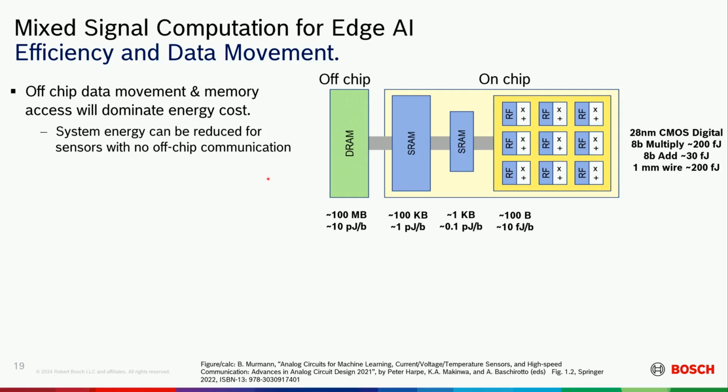But I wanted to use it just as an example of what's limiting energy. So let's say that you're doing a calculation, and this is a MAC accelerator, and you have an array of these. In each one of these MAC accelerators, you have some memory, a register file, and you have multiply and addition functions here.